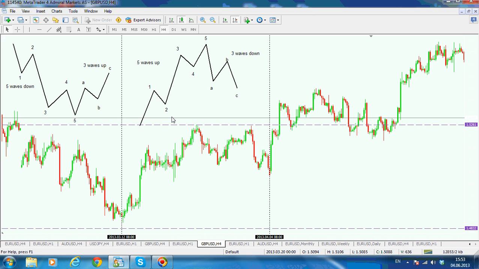So 1 and 2 basically can be formed out of this whole structure of a lower degree. So this is the complicated part, as each and every wave from the 5 waves is being formed by another sequence of 5 waves up, but from a smaller degree. And those 5 smaller waves are being corrected by 3 waves of a smaller degree as well, and so on and so on and so on.